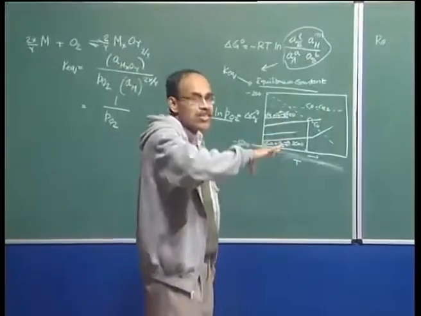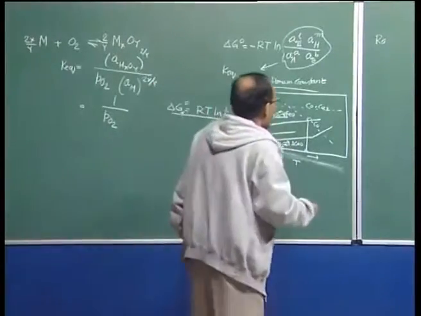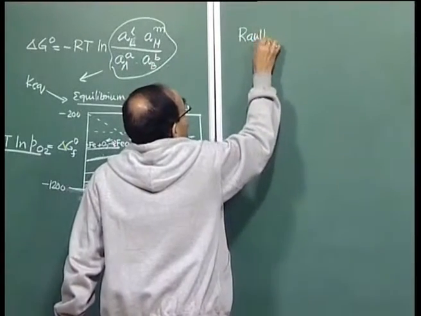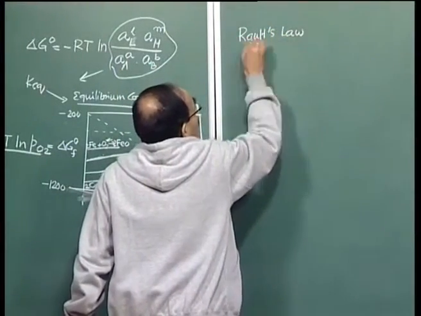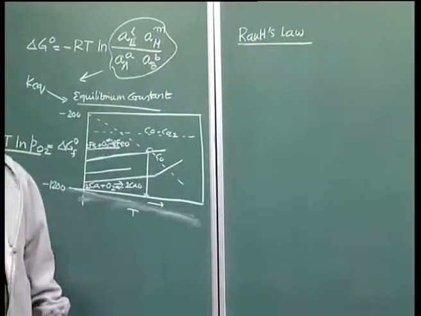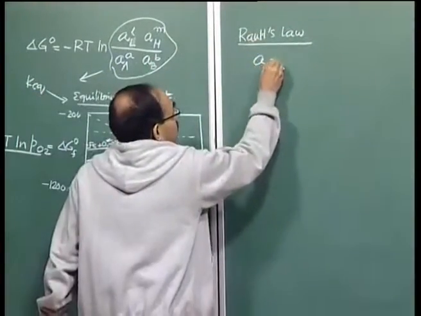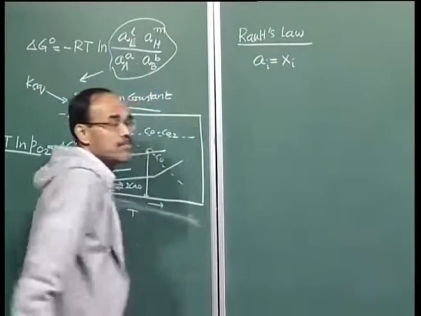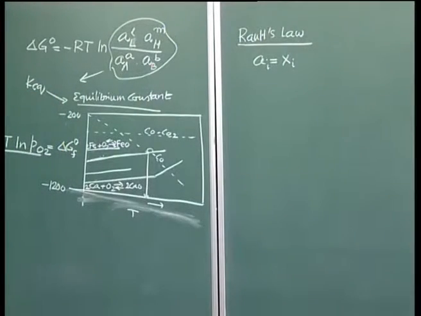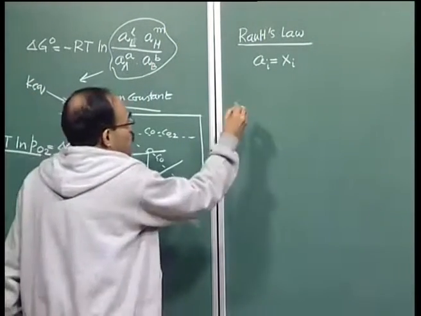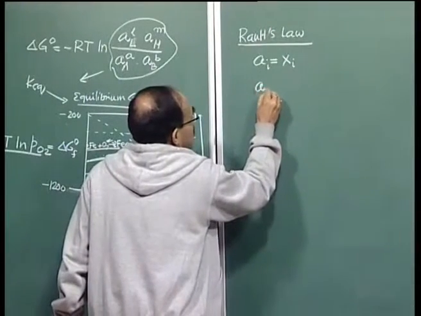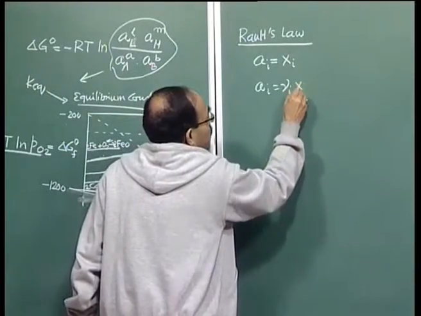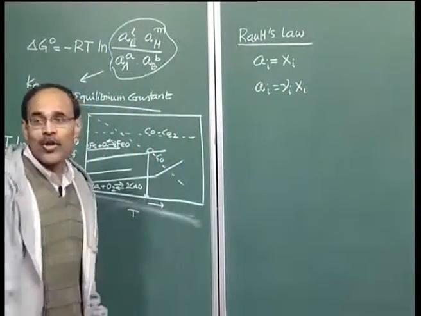For various solutions we have various models available, and as you all know, Raoult's law is there. If you have a concentrated solution, you can say the activity of I is equal to the mole fraction of I. And if you have a departure from Raoult's law, you introduce an activity coefficient, so the activity of I is equal to gamma I times x I. Raoult's law you all know.